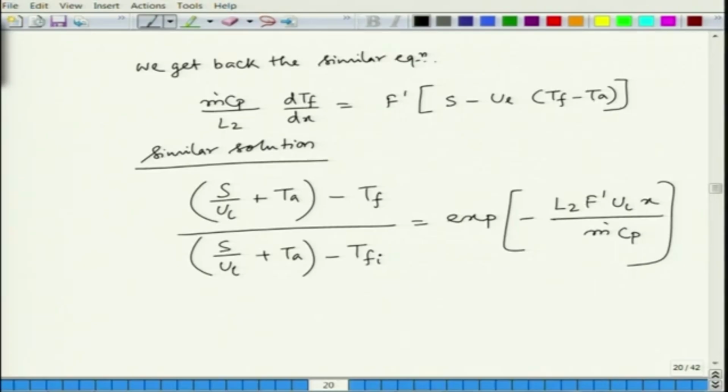Just by following what we obtained for liquid flat plate collector, we can write the same equation here, where this particular quantity we have introduced, which is the inlet temperature of the air stream. Okay.